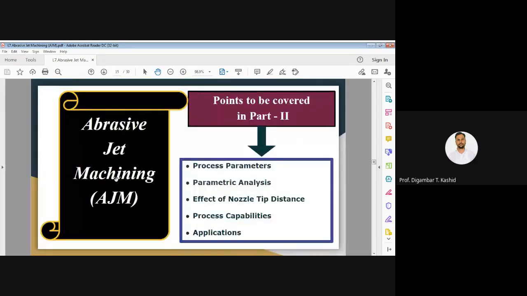Now let us discuss the second part of abrasive jet machining, that is, the process parameters. How the material removal rate is going to change with respect to different process parameters, we are going to discuss now.